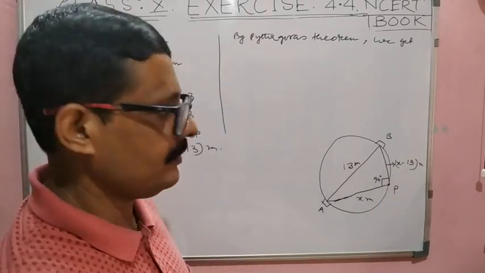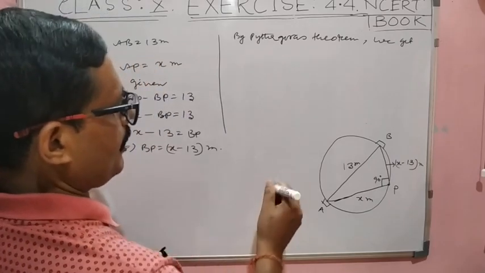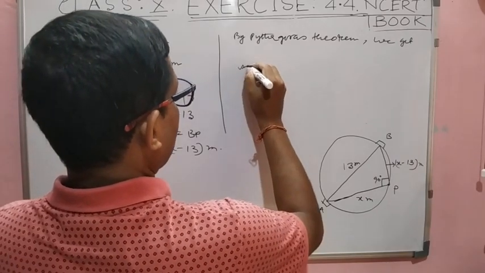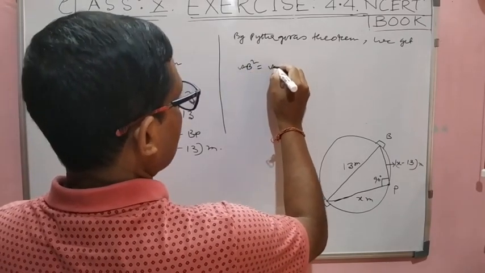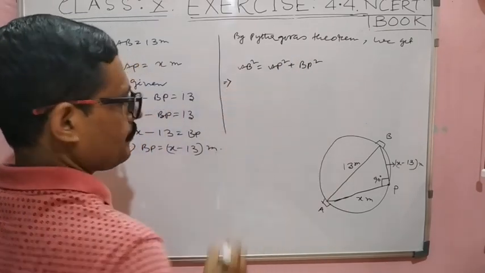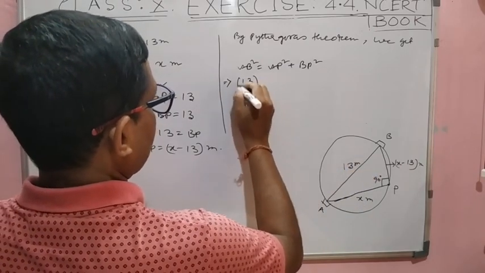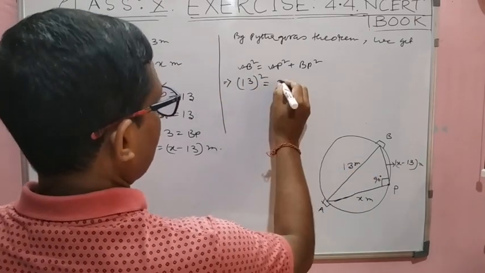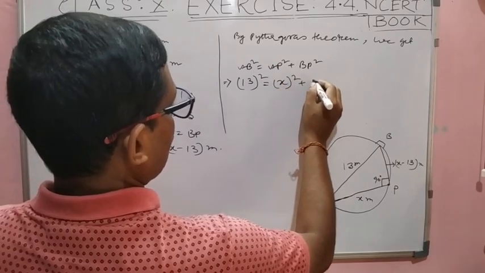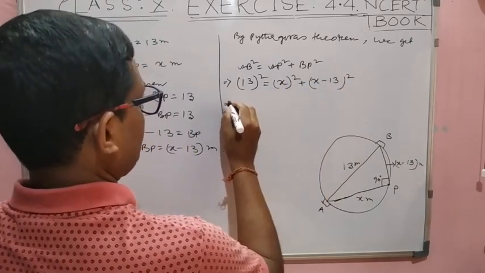If it is 90 degree, this will be the hypotenuse. So we can apply Pythagoras theorem here. AB square equal to AP square plus BP square. So AB is 13 square, AP is x square, BP is x minus 13, so x minus 13 whole square.